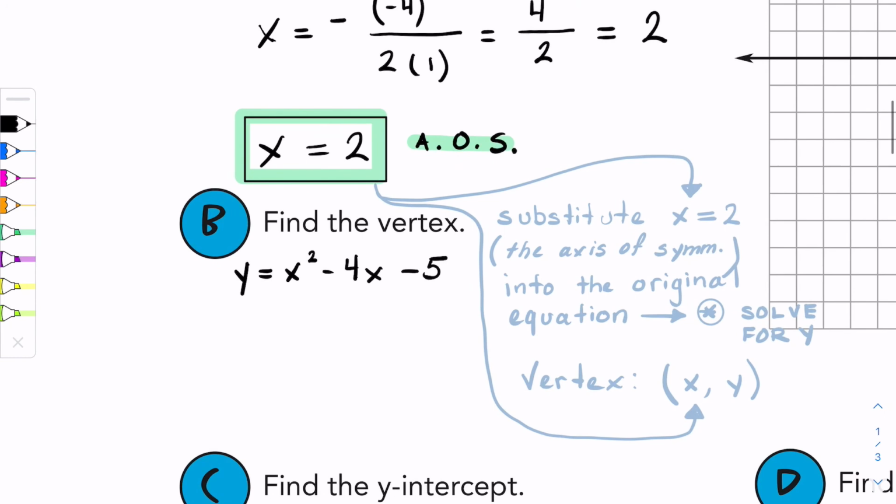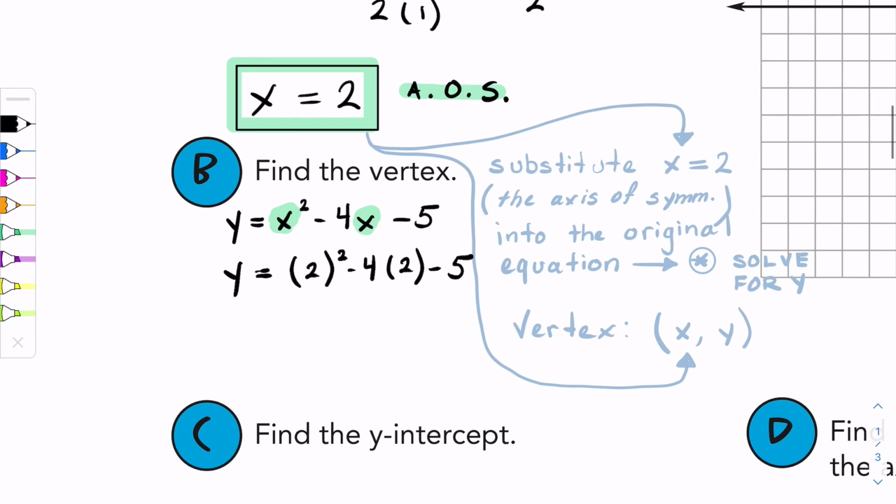Okay, I'm going to replace all x values with my value of 2. y equals 2 squared minus 4 times 2 minus 5. And again, I just replaced x with 2.